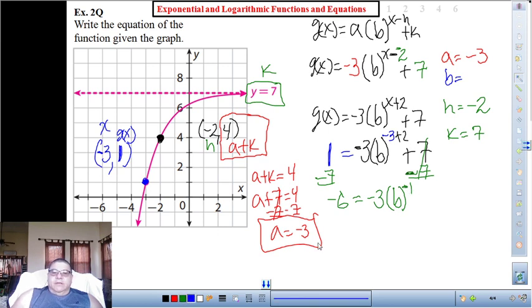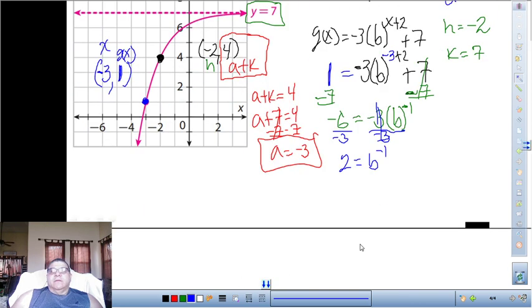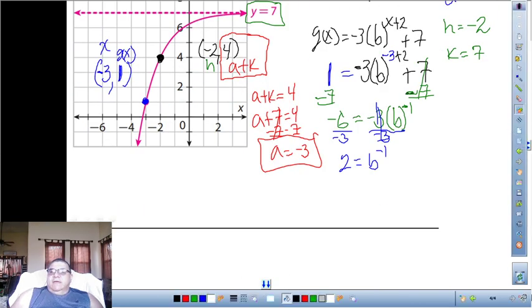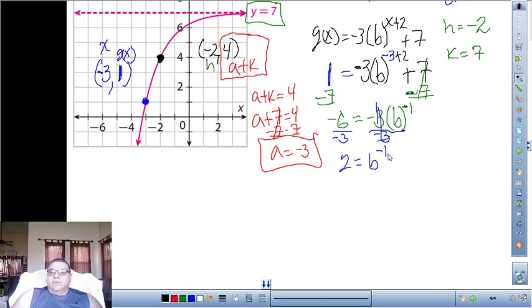Alright, let's get rid of this negative 3 that's multiplying, so we divide by negative 3, divide by negative 3. That leaves us with 2 equals b to the negative 1 power. Can we leave the b to the negative 1 power? No, which means we need to rewrite it. We send b to the negative 1 to the denominator.